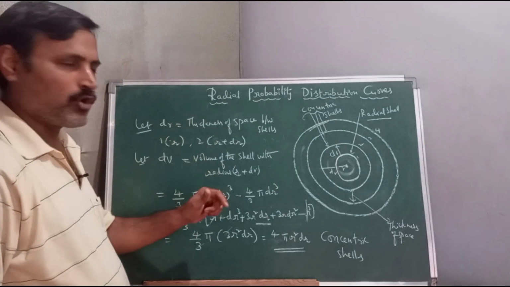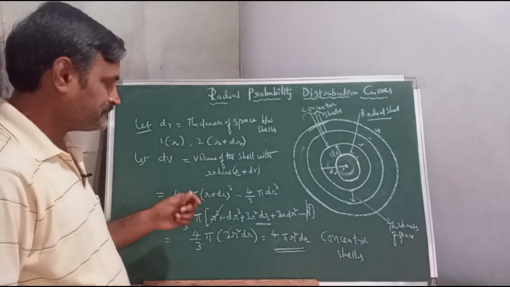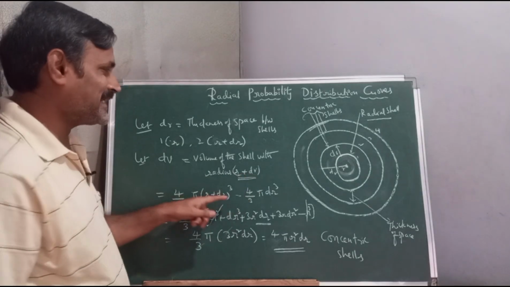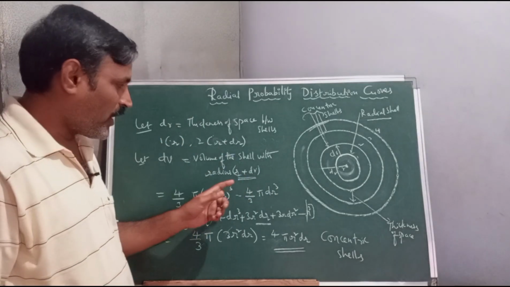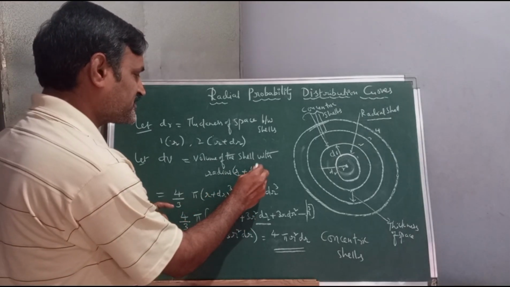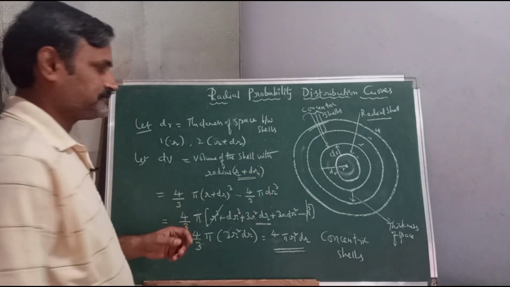That shell is called the radial shell. Its volume can be calculated by considering its radius, r plus dr.